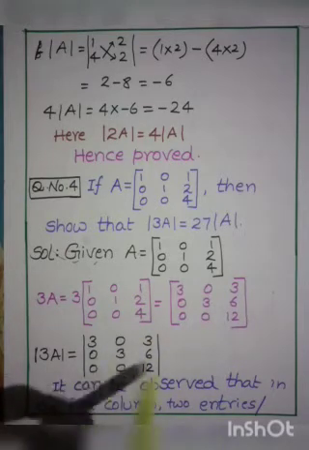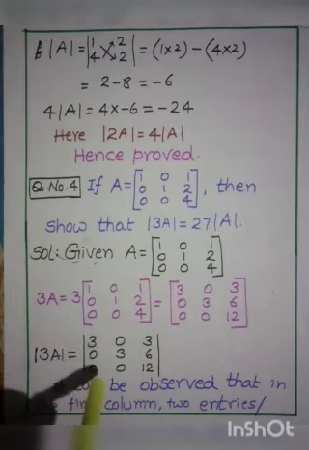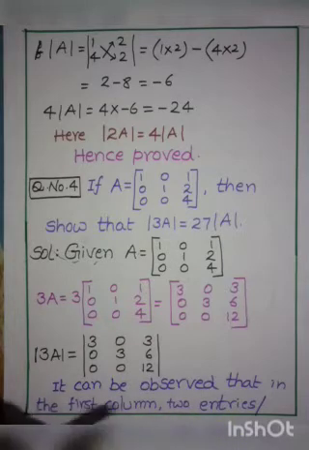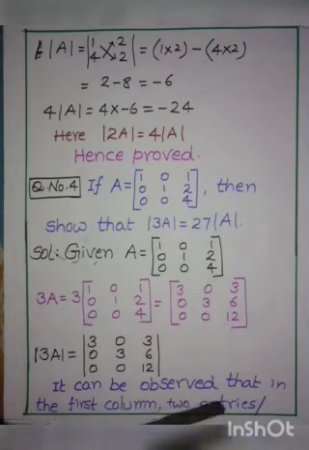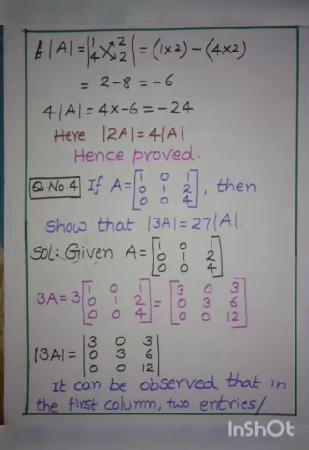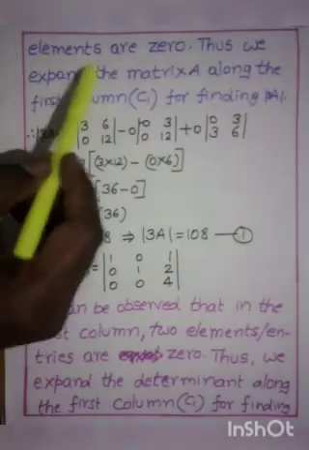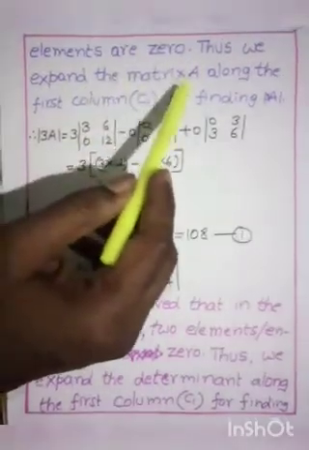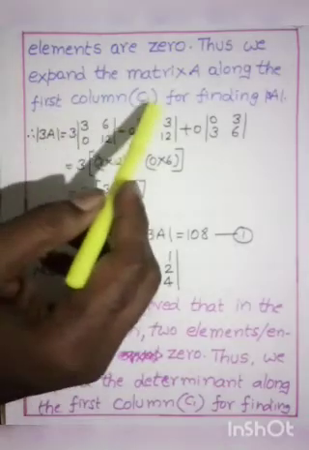If you observe this part, here in the first column two zeros are there. It can be observed that in the first column two entries are 0. Thus, we expand the determinant along the first column.